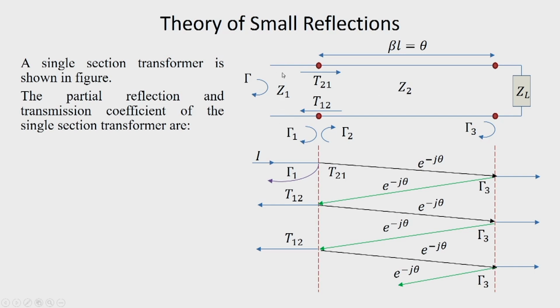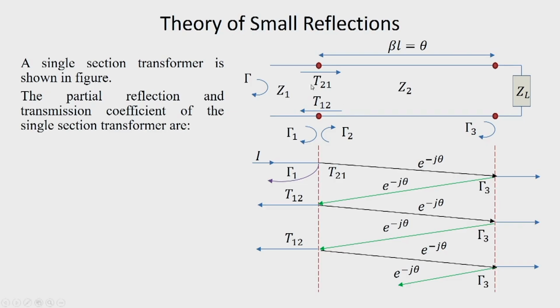So, the wave travelling in this transmission line, seeing a characteristic impedance Z1, finds a mismatch here, and gamma 1 is the partial reflection coefficient.